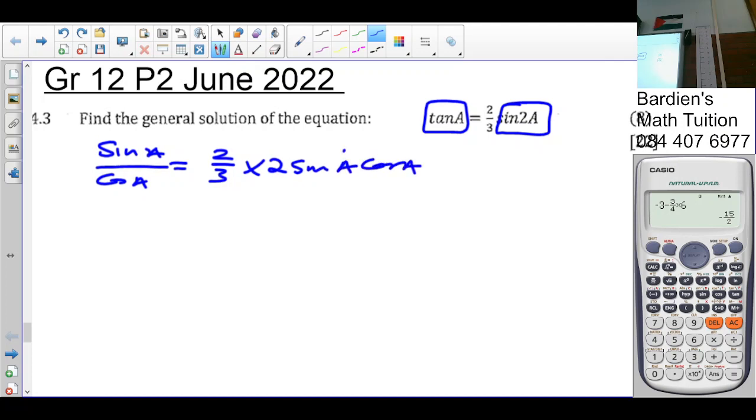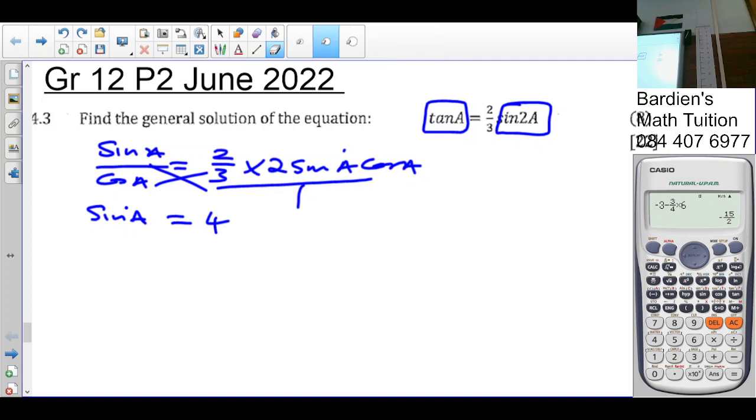Okay, so cross multiply. I'm going to get rid of the 3 as well one time. Otherwise, I'm going to work with a fraction, which I don't want to do. So it's going to be 4 sin a cos squared a.